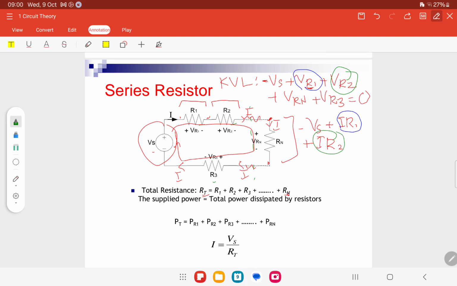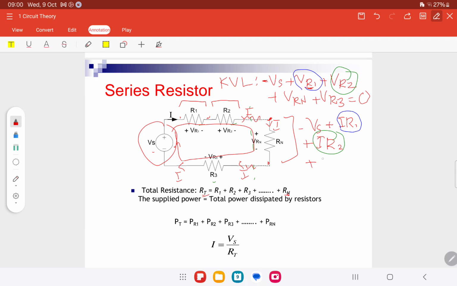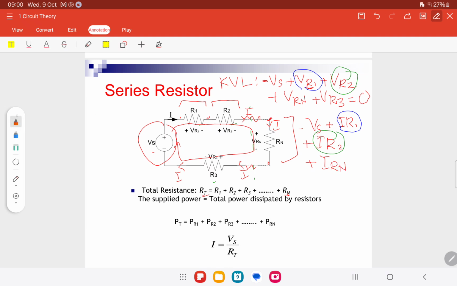Okay, and then kita buat pula plus IRN, VRN. Okay, next one is plus IR3 equals to 0.